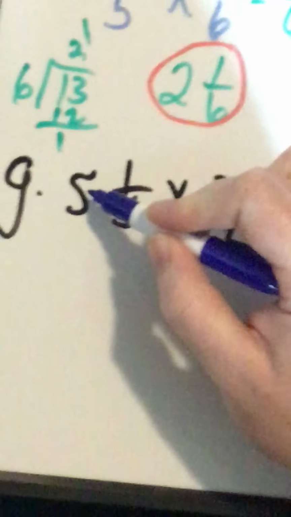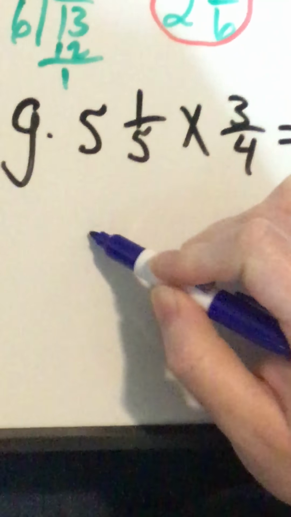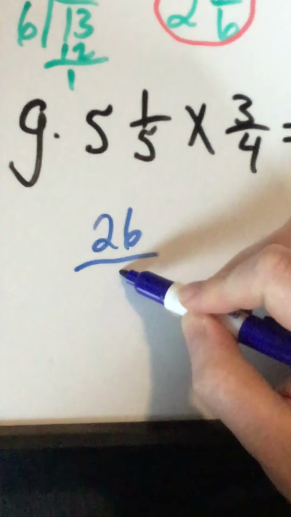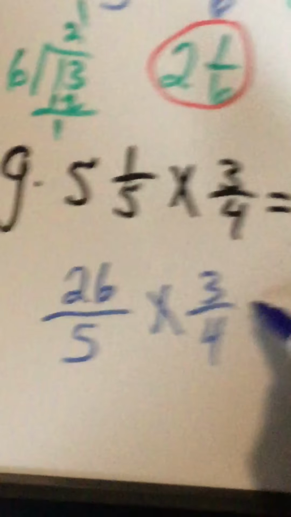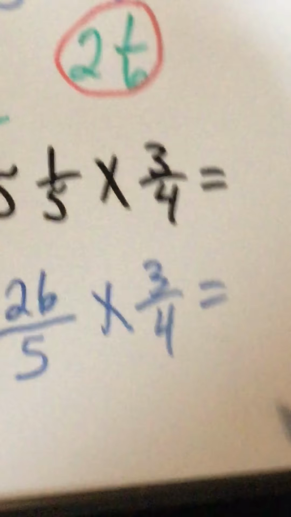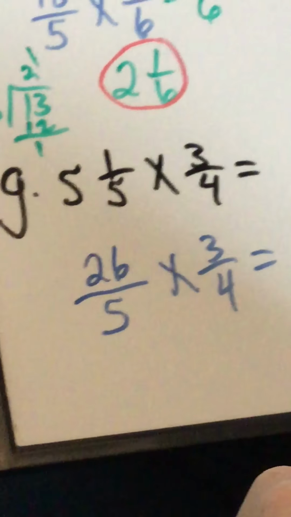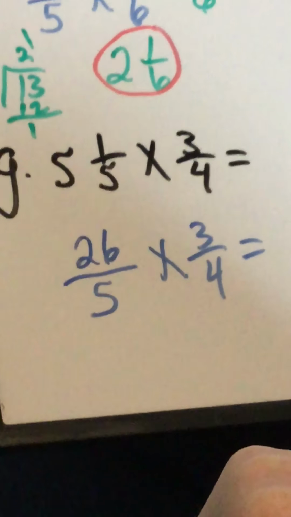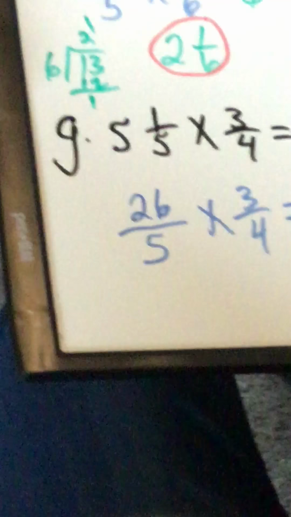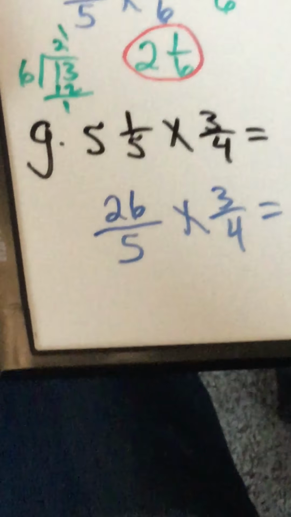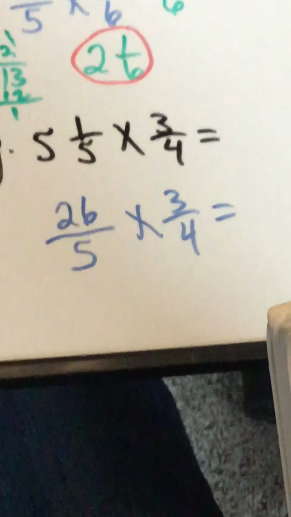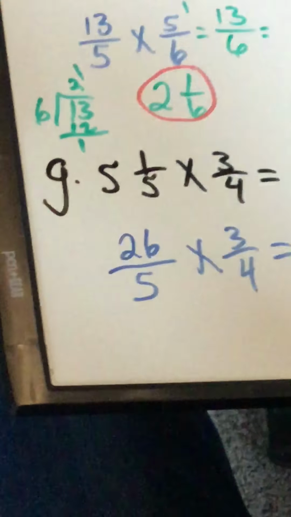5 times 5 is 25, plus 1 is 26. Keep our 5. And bring down our 3/4. Okay. Now we check to see if anything can cancel. Our 26 and our 4 can cancel. 4 divided by 2 is going to be our 2.